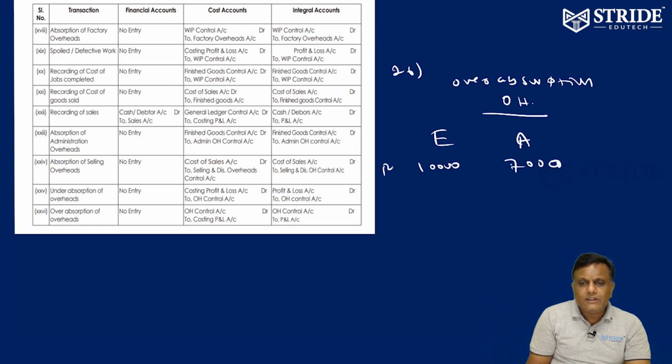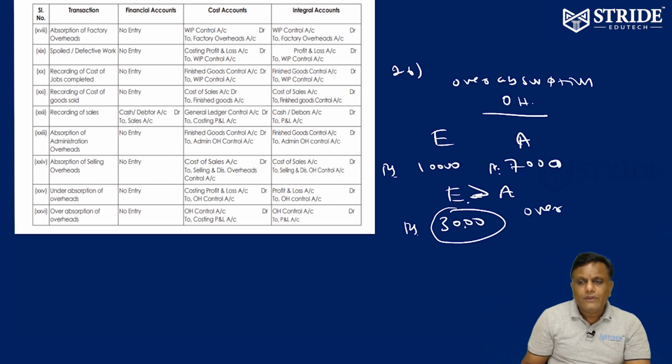So estimated overhead is 10,000, actual overhead 7,000. Here estimation is greater than actual, 3,000 greater. If estimated overhead is greater than actual overhead by 3,000, it is called over absorbed.